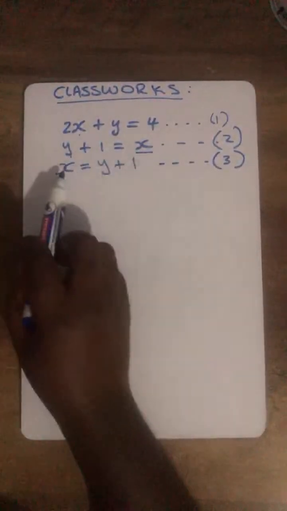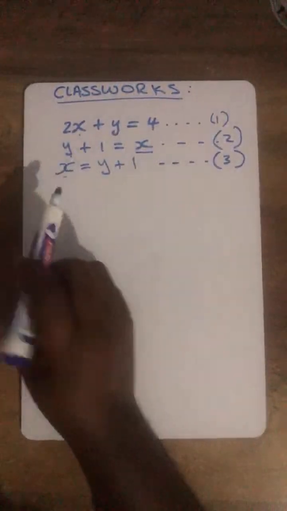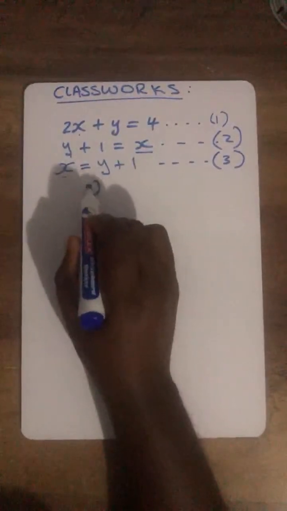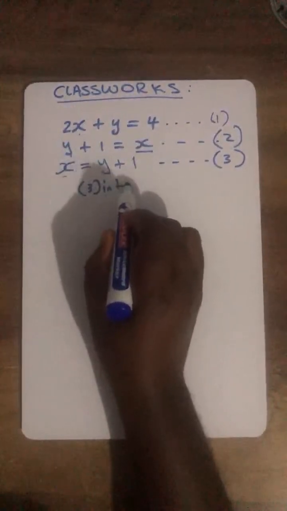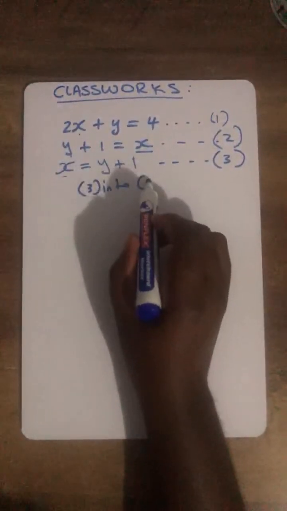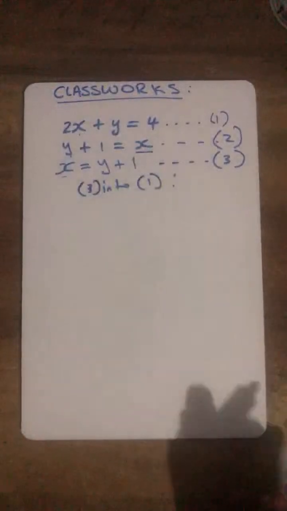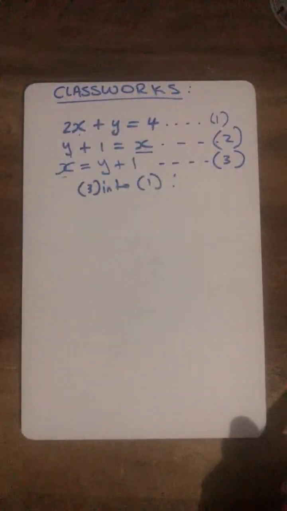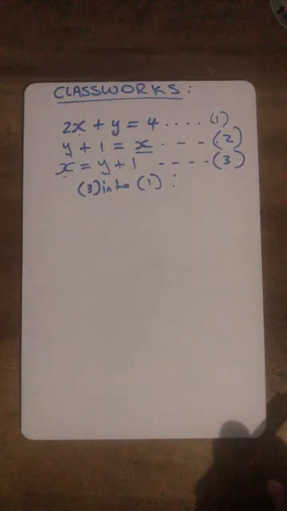It's more like you haven't changed anything, they just wrote x on the left side. So what you're going to do is to take equation number 3 and substitute it into equation number 1.